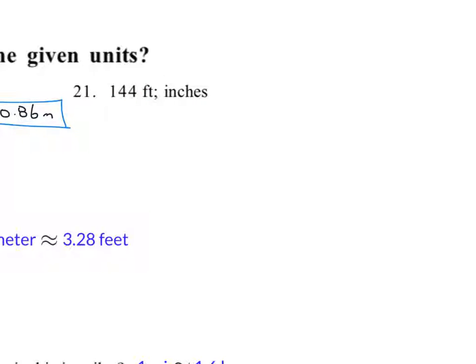If you said, oh, that's a perfect multiple of 12, it's 12 times 12. The answer must be 12. That's you meatballing it instead of doing what you should be doing, which is to actually write it down and convert it. 144 feet times, what unit are we turning it into? We're turning it into inches. There are 12 inches in a foot. What are we canceling out? We're canceling out feet. 1 foot.